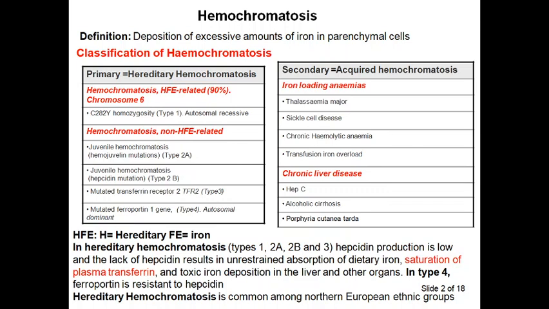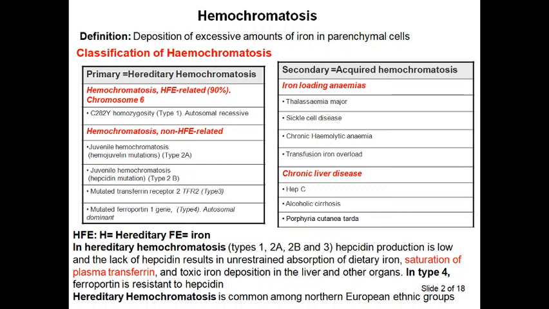Other types of hereditary hemochromatosis which are not related to the HFE protein are type 2A, type 2B, and type 3. In type 2A, there is a mutation in the hemojuvelin gene.